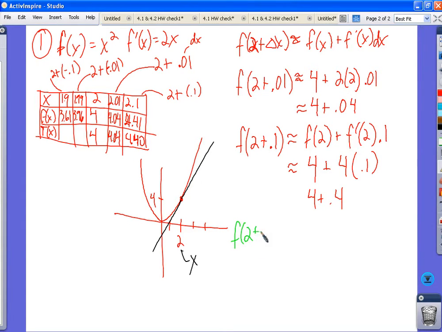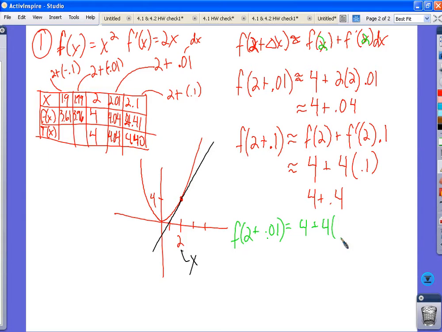Do 2 plus, what's a new delta x we can work with? Negative 0.01. You notice how this and this keep being the same thing? Because f of 2 is going to be a constant, and f prime of 2 is going to be a constant. f of 2 is 4. f prime of 2 is also 4.